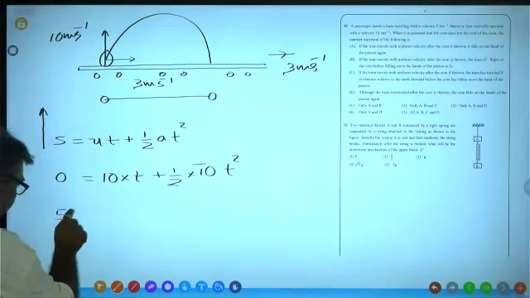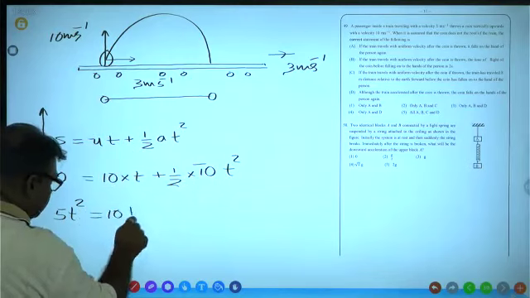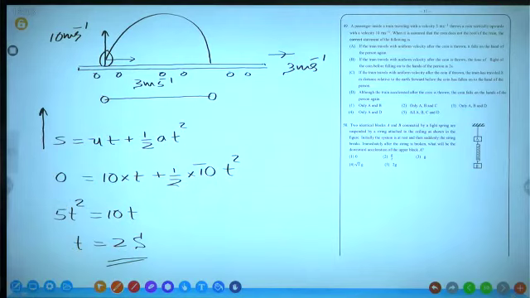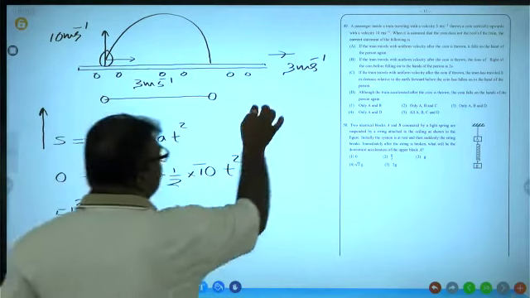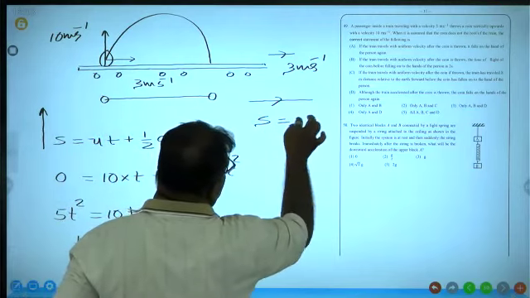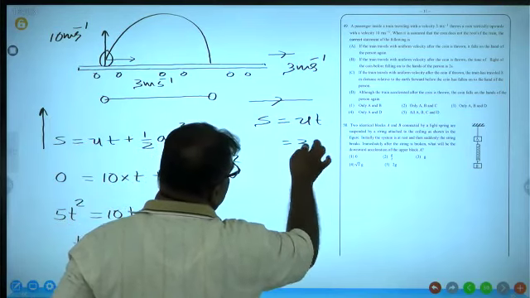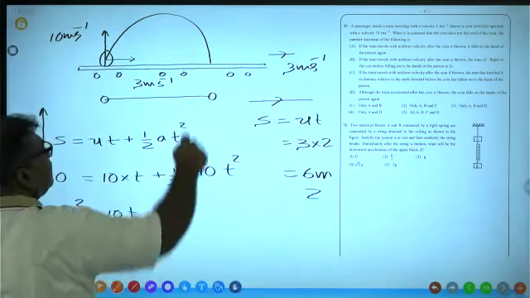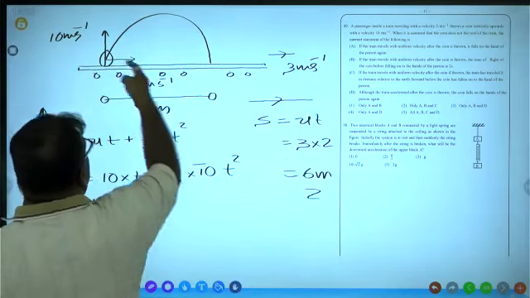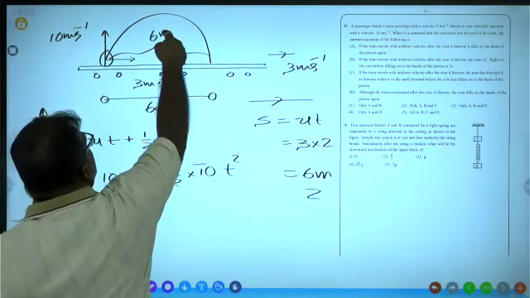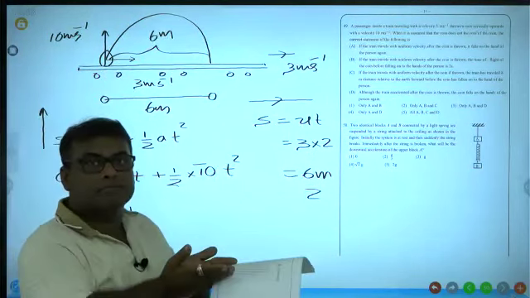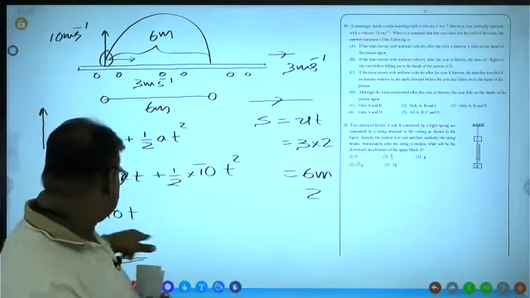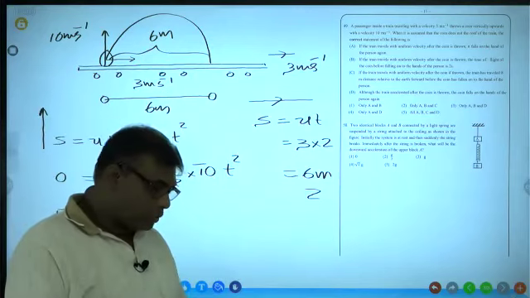Then 5t squared equals 10t. t becomes 2 seconds, right? Then the horizontal range of the coin is s = ut, 3 into 2, which is 6 meters. After the train travels 6 meters and the coin travels 6 meters, it can be taken by the thrower after 2 seconds.